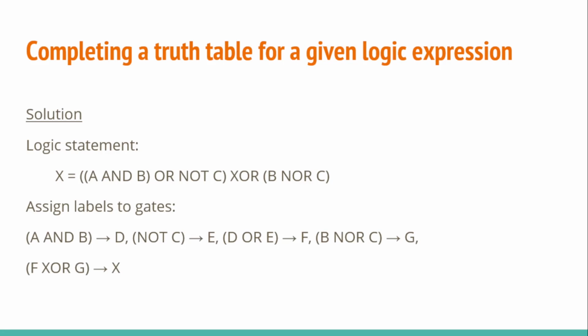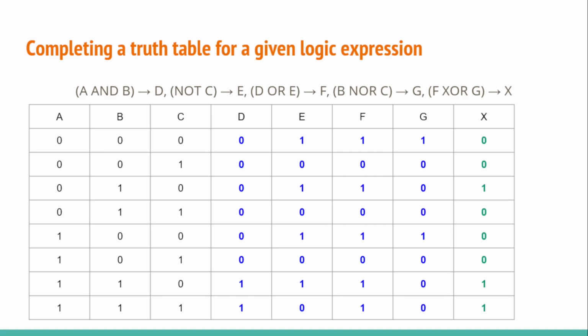And further, we have B NOR C, which gives us G. And finally, combining F and G gives us the entire combination, which is the output X. Moving on with these labels, D, which is of course A AND B, reminds us of the rule of AND gate, which states that the output can only be true or 1 when both inputs are 1.